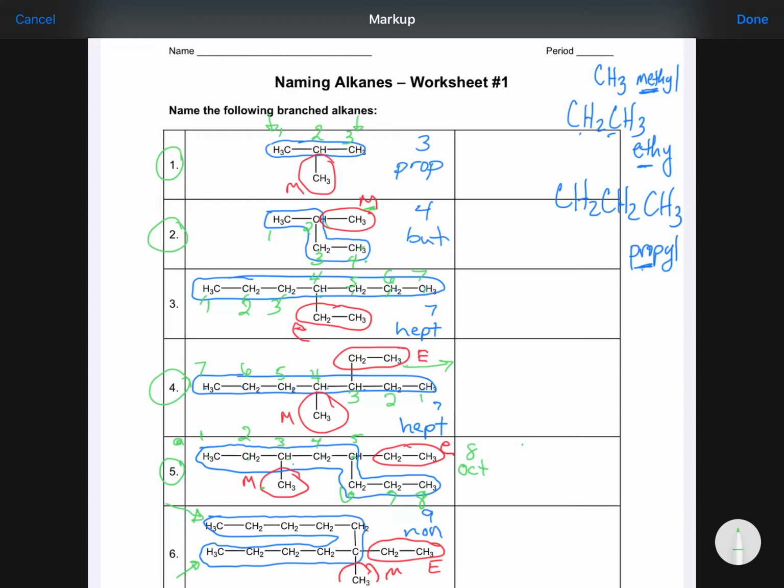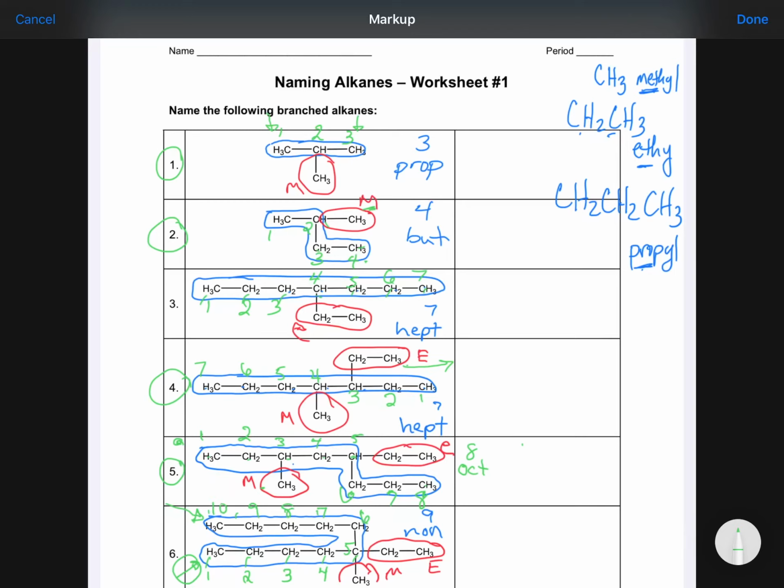Now if we are on number 6 and we start counting from one end, we have 1, 2, 3, 4, 5. If we start counting from this end, 1, 2, 3, 4, 5, 6. So we have to start counting from the bottom. 1, 2, 3, 4, 5, 6, 7, 8, 9, 10.